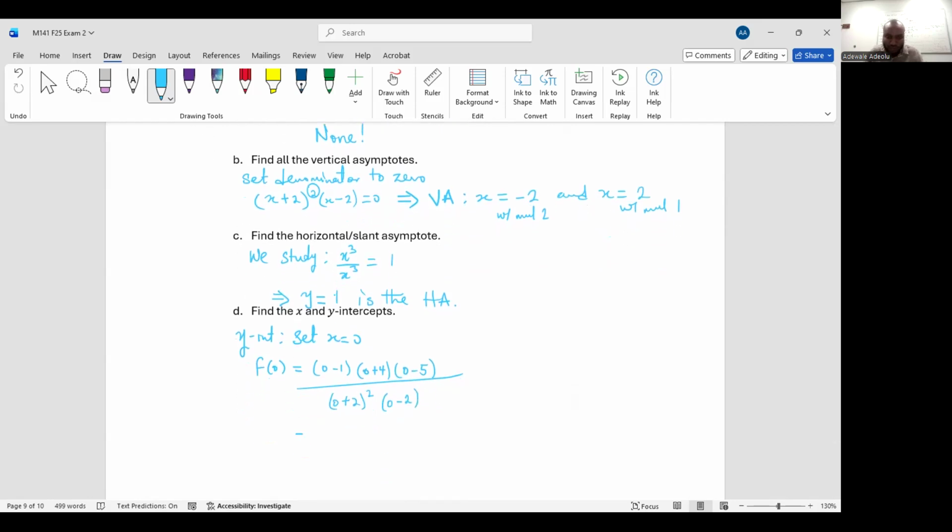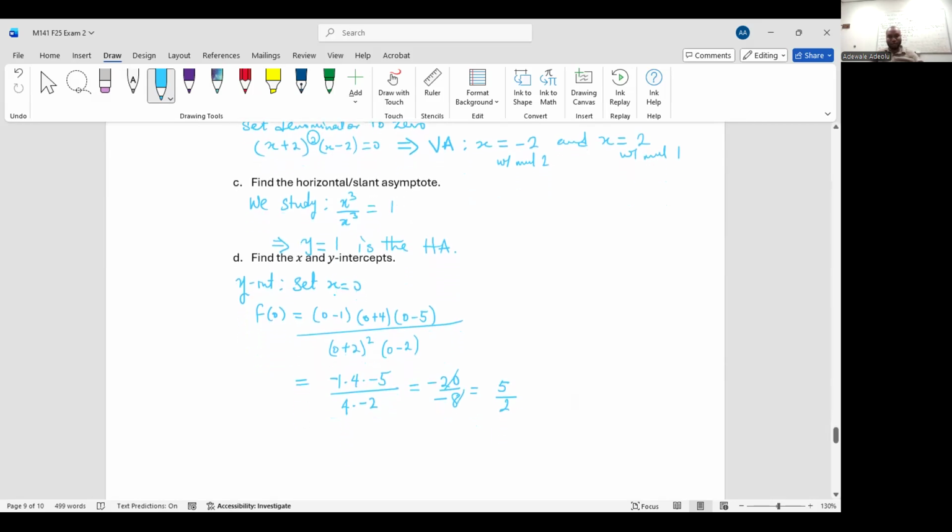So we have -1 times 4 times -5 divided by 4 times -2. That is -20 divided by -8, so that is 5/2. Let me see, 4 here 5, 4 here 2. Yeah, so 5/2. So the y-intercept is (0, 5/2).